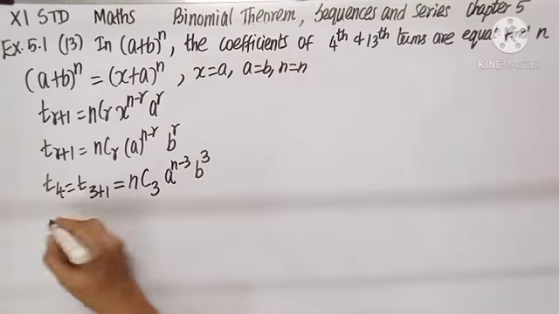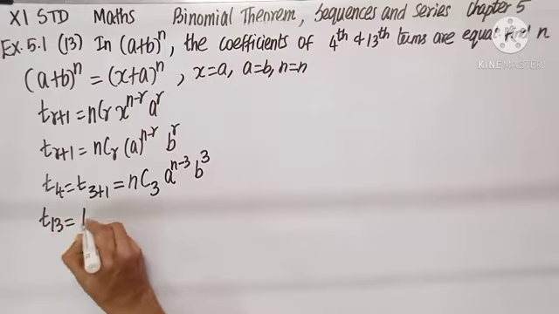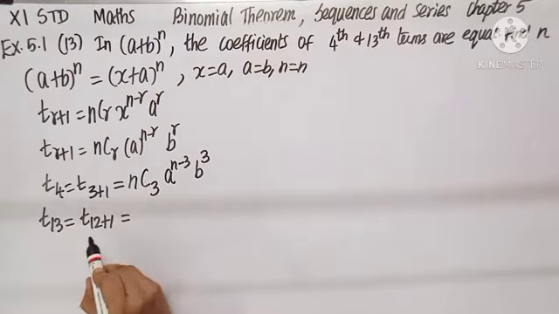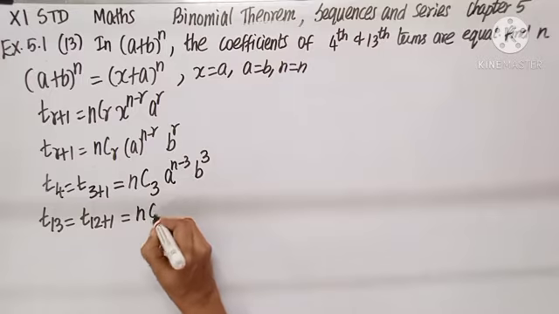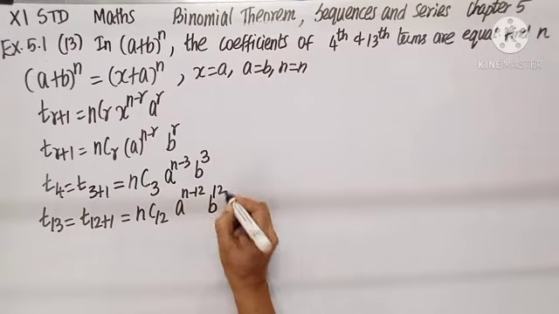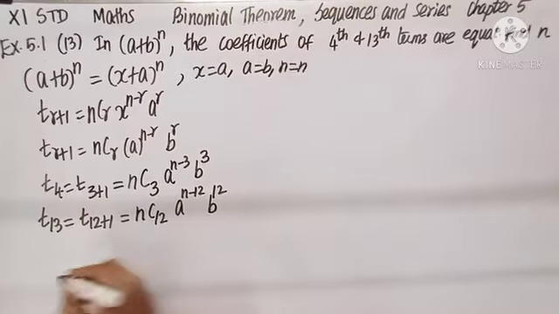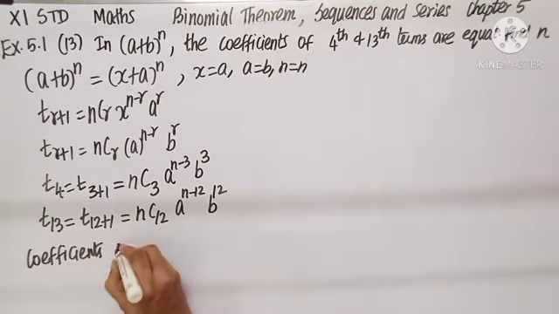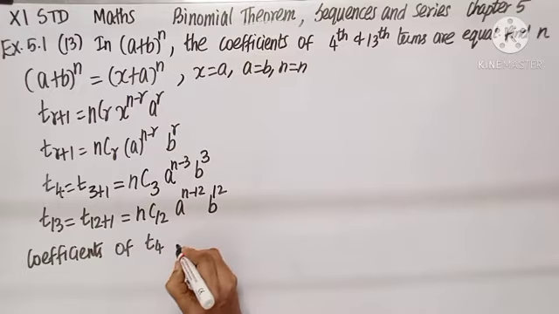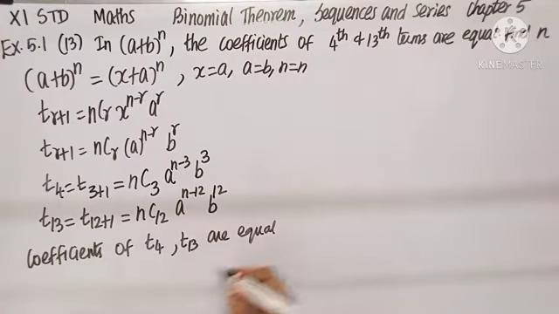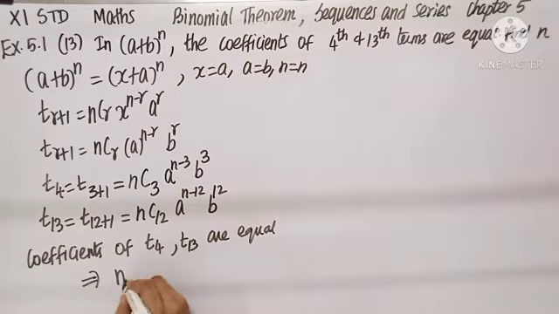I need the 13th term. How will you write the 13th term? 12 plus 1. So wherever r is coming, put 12. nC12 a^(n-12) b^12. The question is, coefficients are equal. So coefficients of T4 and T13 are equal. This implies nC3 equals nC12.